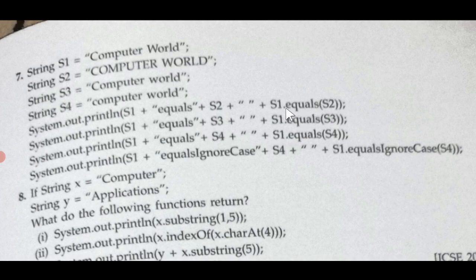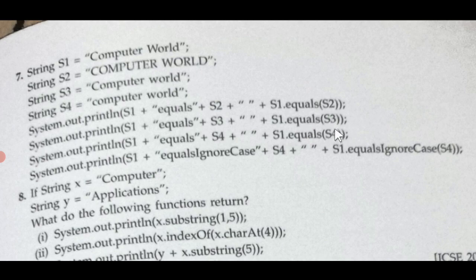Now the output of S1.equals(S2). It is definitely false, because cases are different. Then S1 equals S3. That means what will be there? Computer word first one, and then computer word this third one, space S1.equals(S3).